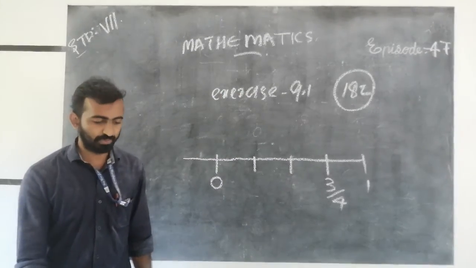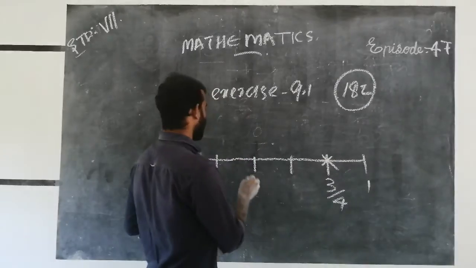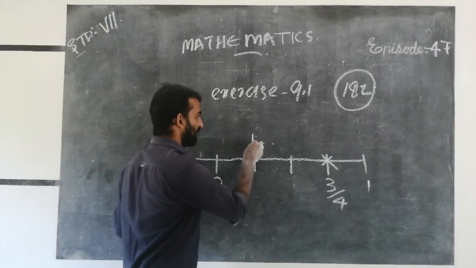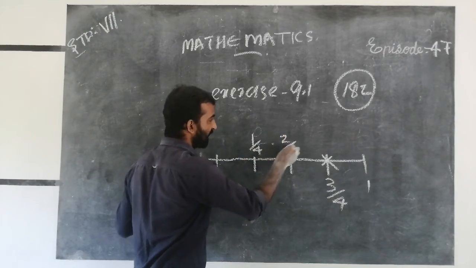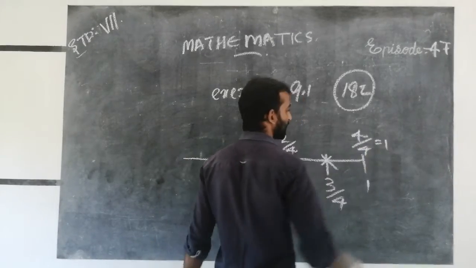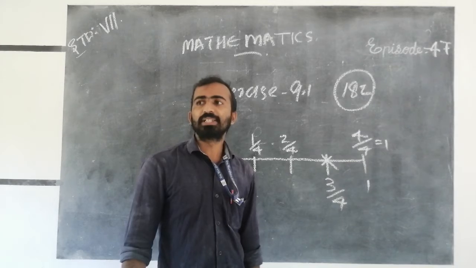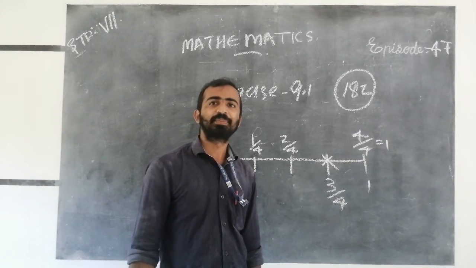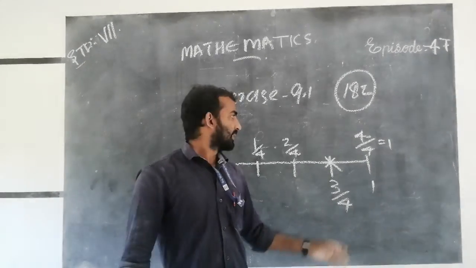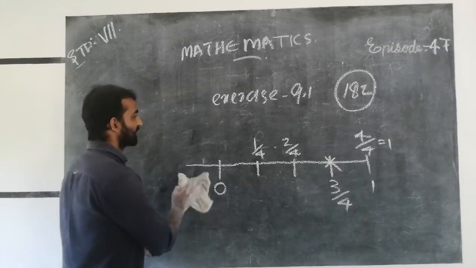This point is 3 by 4. Here 0 by 4 is 0, and 4 by 4 means 1. So this is the point, that is 3 by 4.